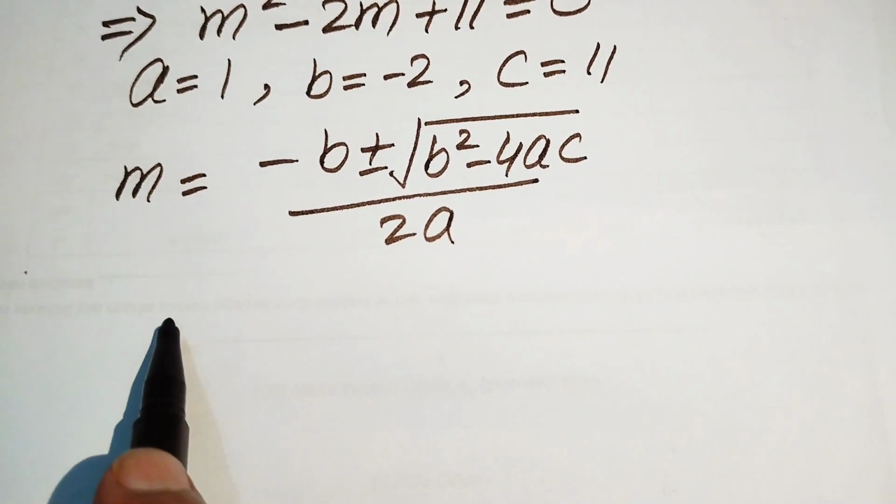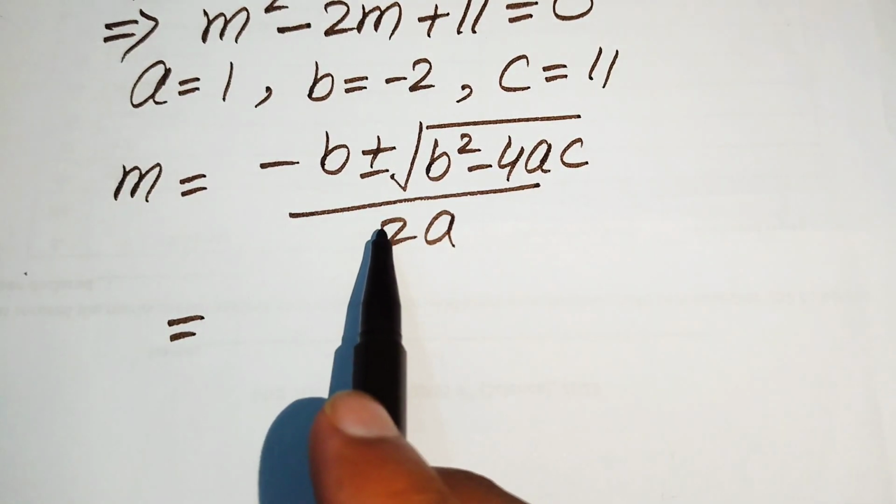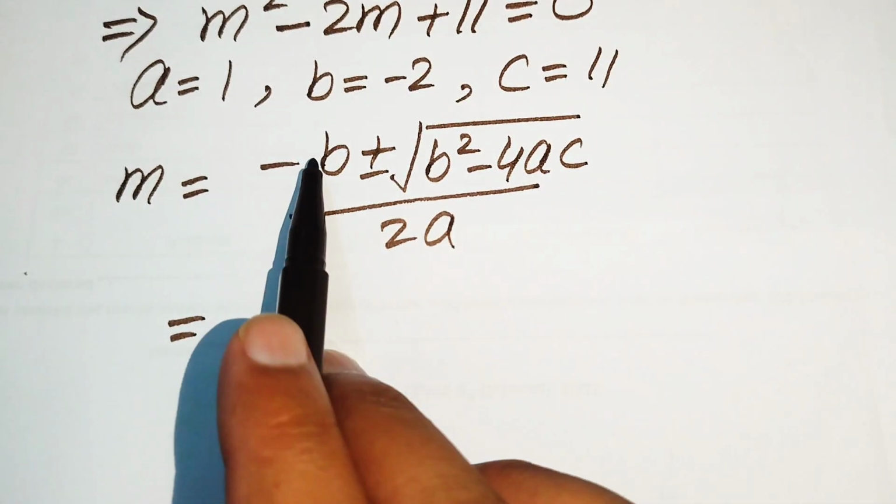And now in the next step, we just substitute the values of a, b and c in this formula, and we have b is minus 2.